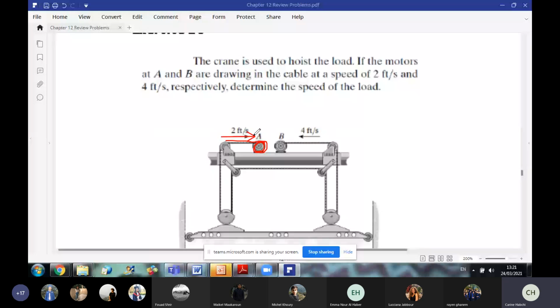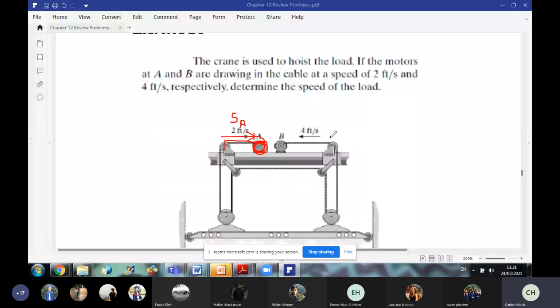This coordinate, which I will call S of A, will not represent the length from this point to this one. No, it will represent the length that is rolling over the motor. So it's a variable length depending on the amount of rolling inside the motor. So SA will represent the length that is enrolled in motor A.